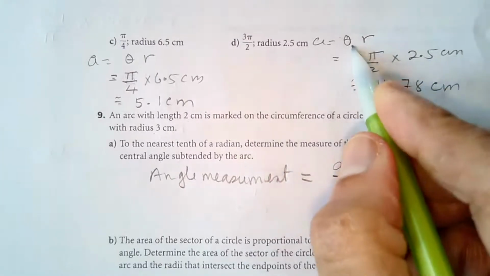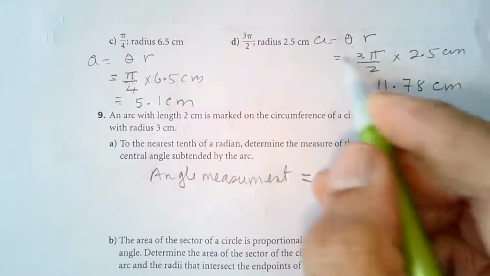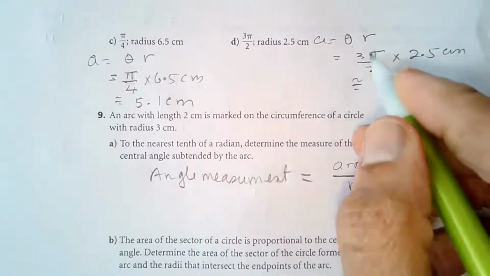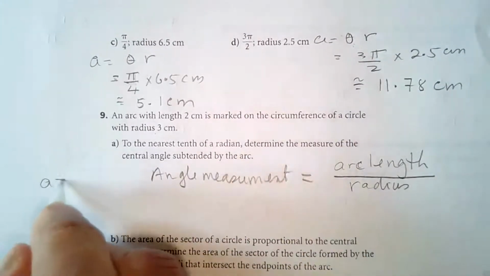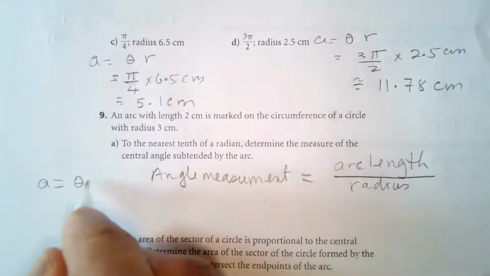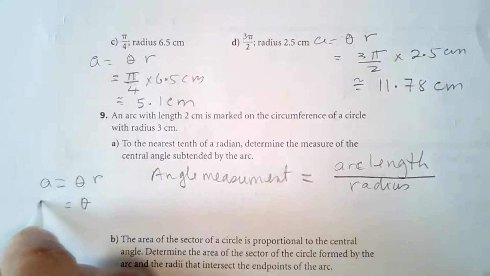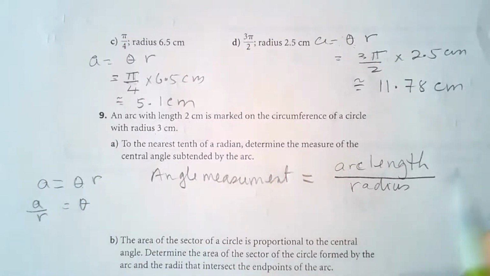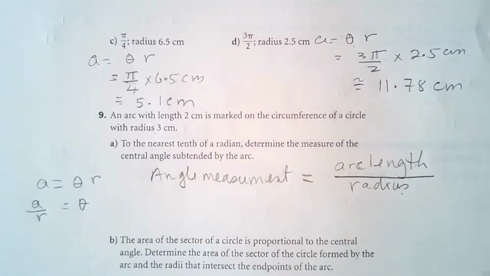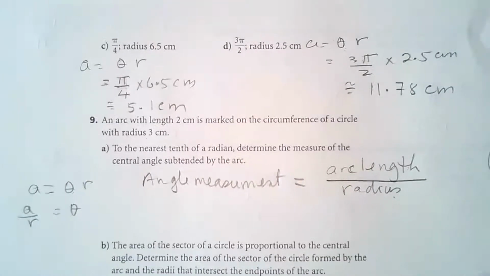Remember, I'm simply converting this, right? So if you look at this equation here, we have A is equal to theta R. We need to find theta, so theta is equal to A over R. Arc length divided by the radius. Okay.